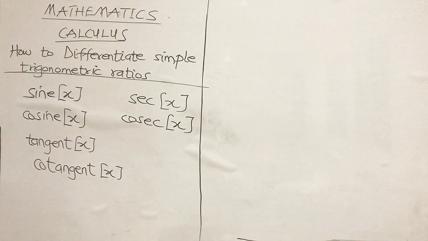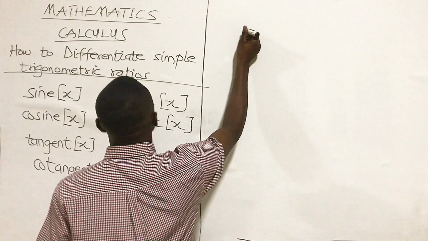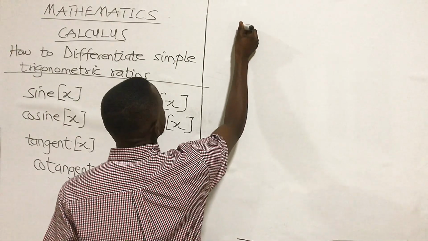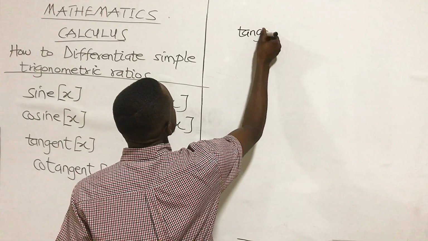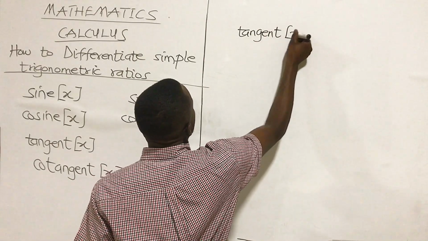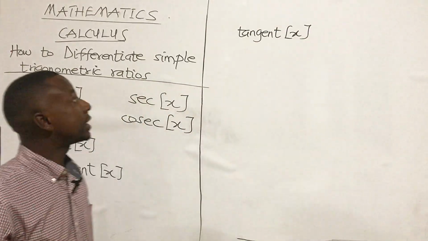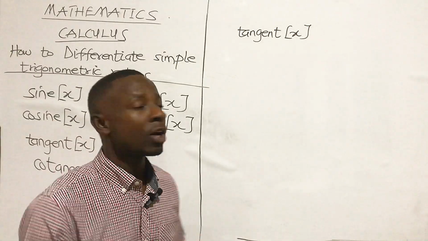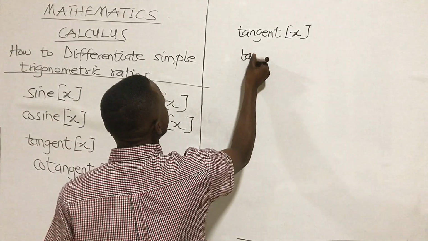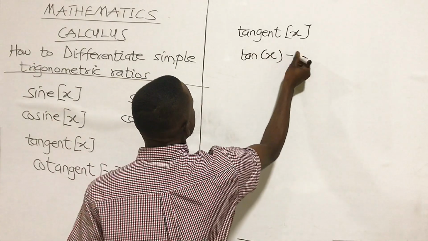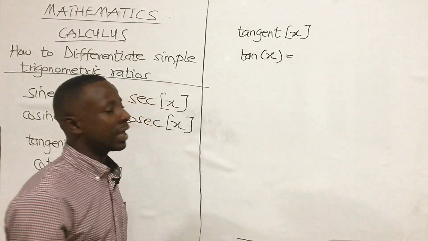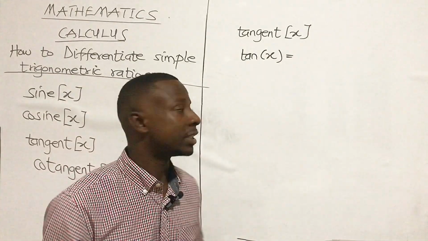All right. Now let's start from the tangent of x, which we can just name tan x. So tan x is just the basic of it.